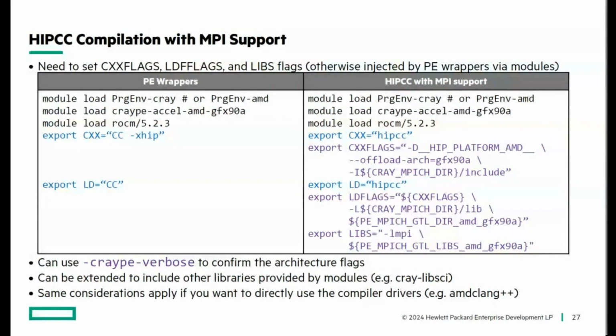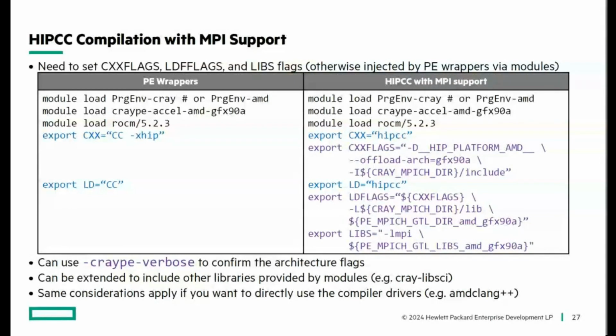And then there is one thing I just want to mention, which is you can directly use the ROCm compilers, or hipcc, which is the low-level ROCm compiler, to do HIP compilation. If you do that, you're going to have to pass the architecture flags, the ones that we mentioned a few slides ago. And then the other aspect is if you do that directly, you also need to link with MPI or any other library that you want to use that's part of the Cray programming environment.